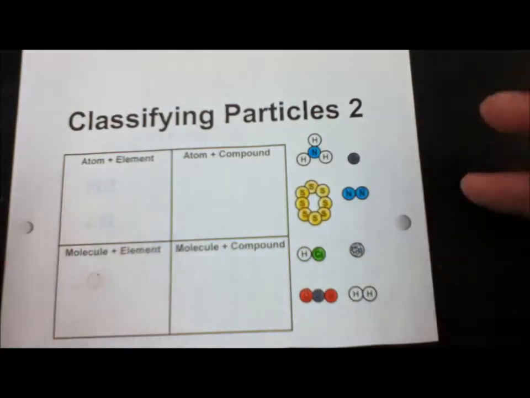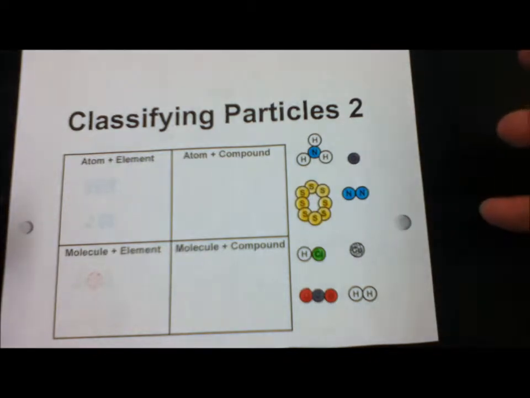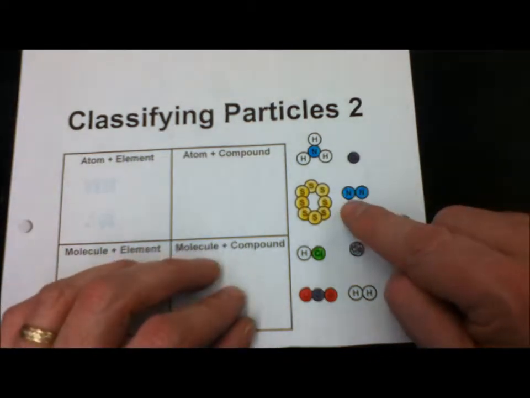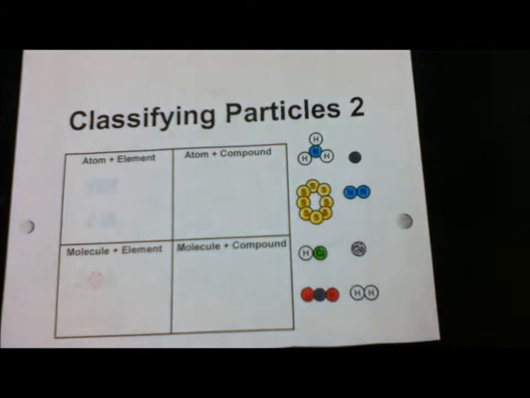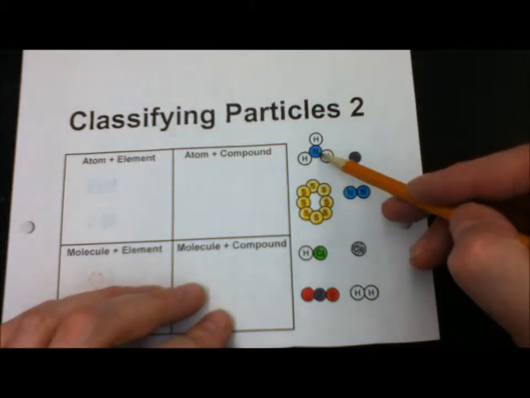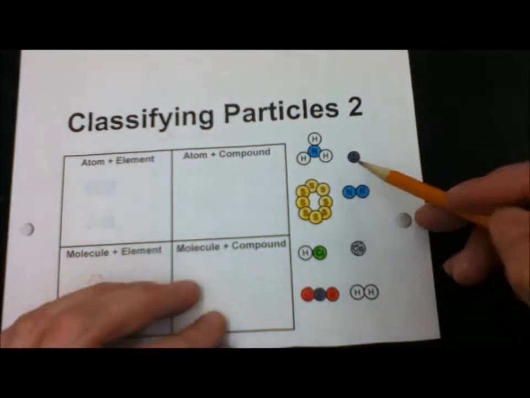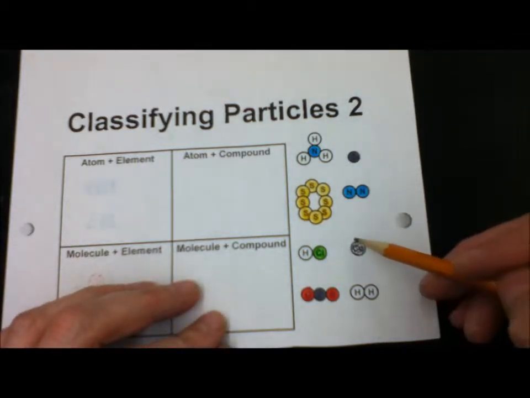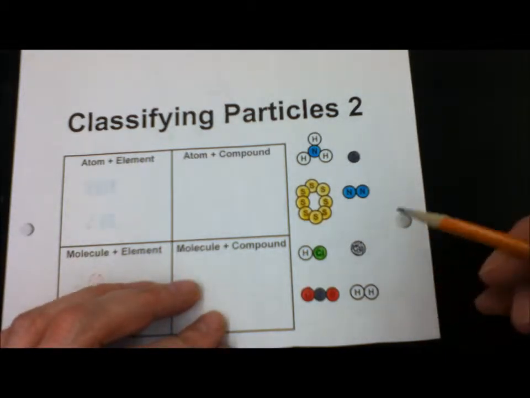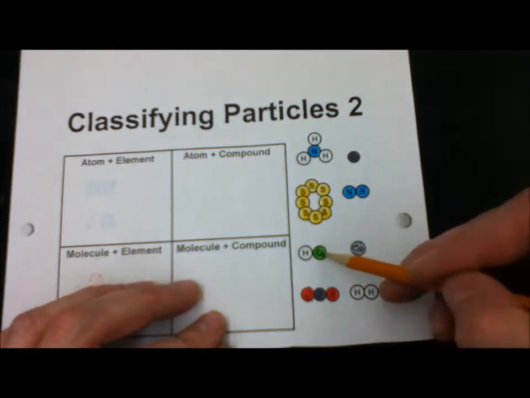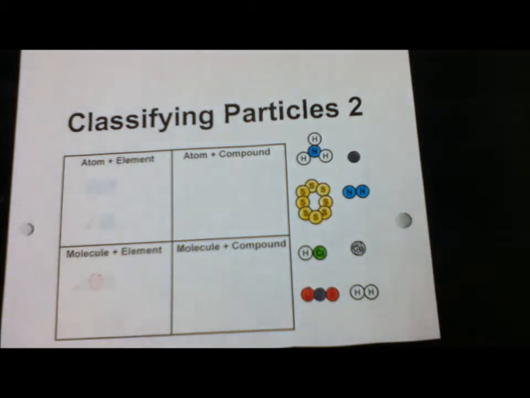Here we're using the same shape, a circle, but now we're using different colors and a different chemical symbol in each of the circles to represent a different kind of element. For example, the blue N is nitrogen, the gray C is carbon, the gray silver circle with Cu in it is copper, the green circle with Cl in it is chlorine, etc.